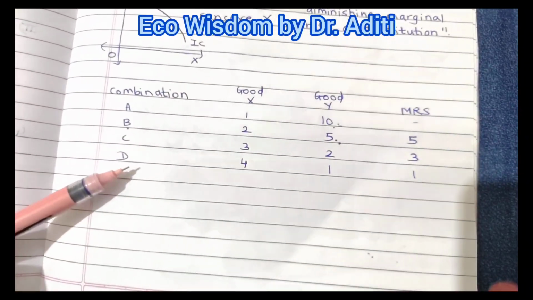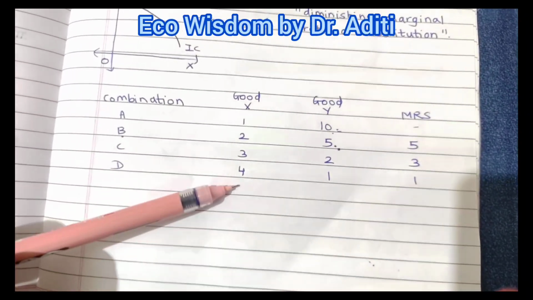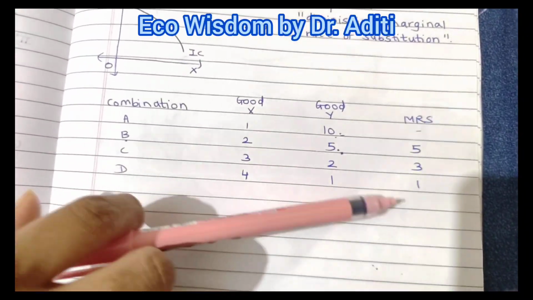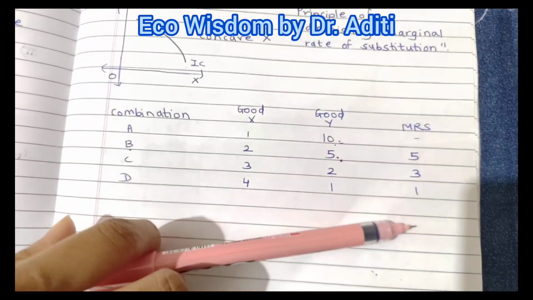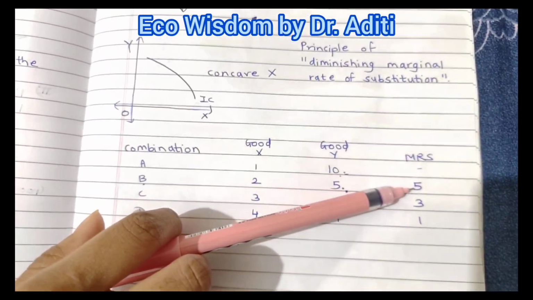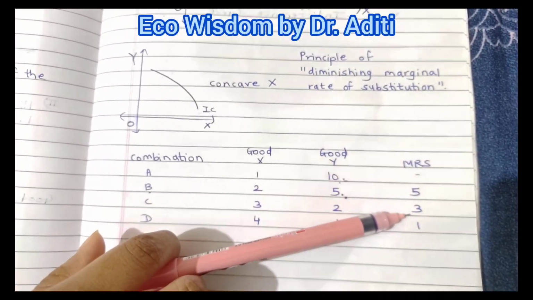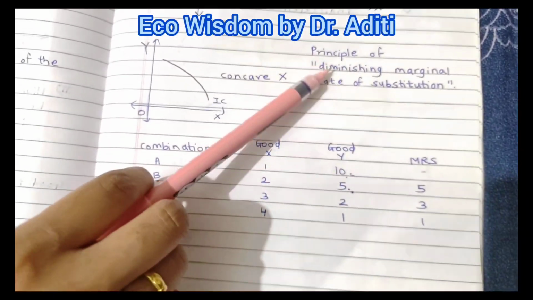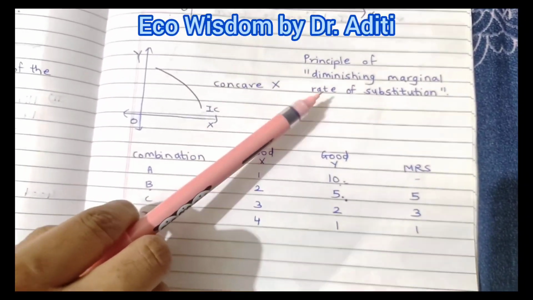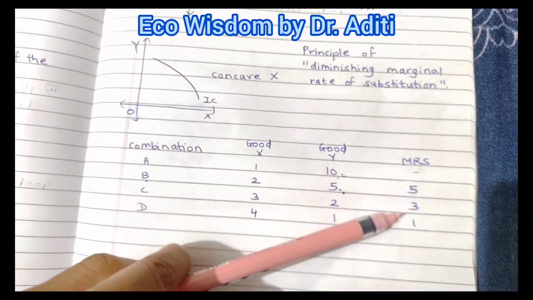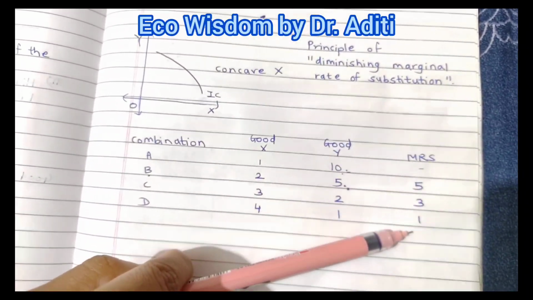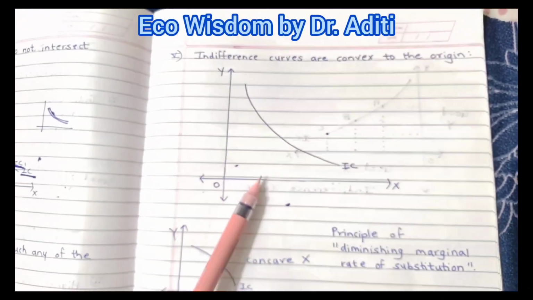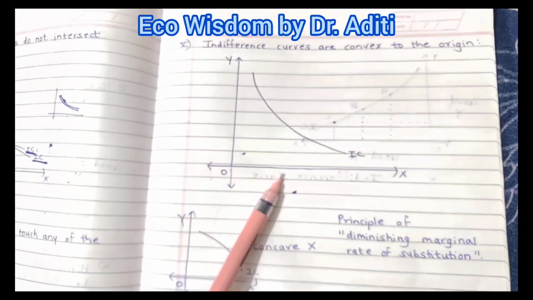Then again the same thing under combination D. X is becoming 4, it is increasing, Y is decreasing. So 2 minus 1, 1. So what is the trend over here? It is 5, then it is becoming 3, and then again it is going down, which is 1. That itself shows diminishing marginal rate of substitution. And this downward or diminishing trend in itself is the reason why the indifference curve is convex to the origin.